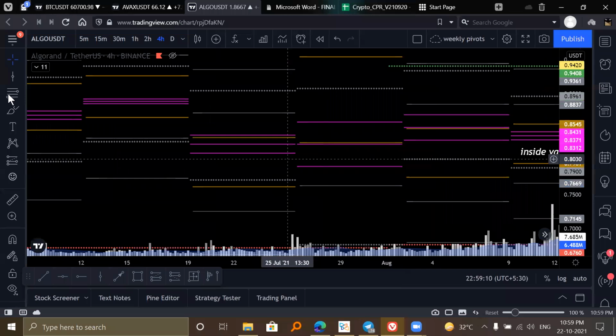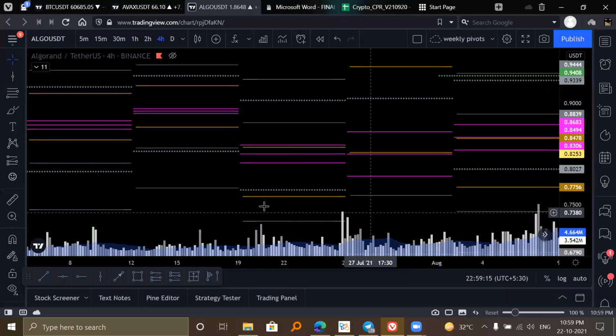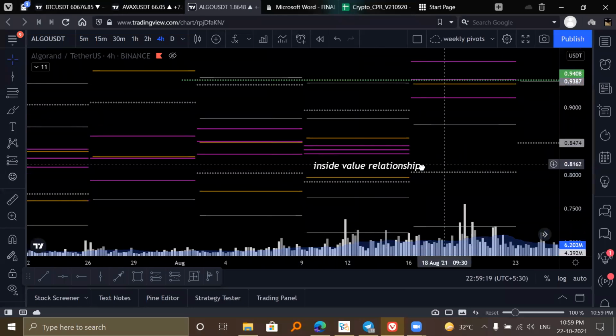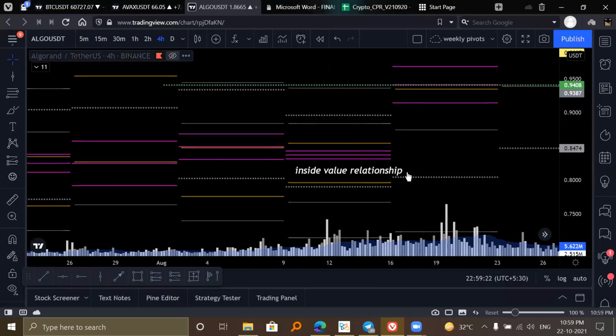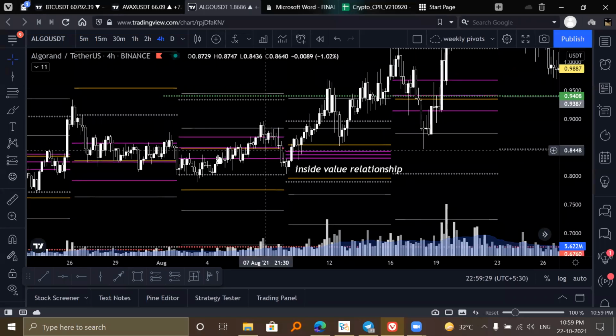Sorry to disturb. Can you explain what will happen when it is inside CPR and when it is outside CPR also? See, if inside value relationship is there, then it indicates that there was quite narrow movement in last week's price.